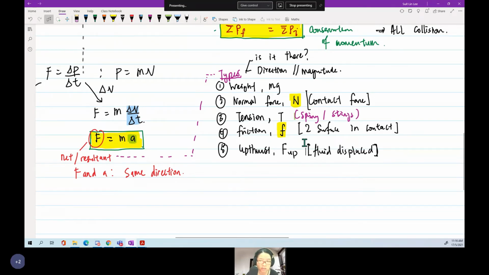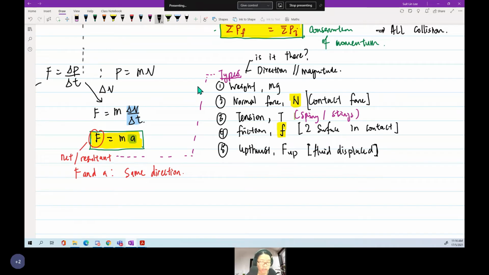Okay, and friction sometimes can be static friction, like a box on a rough inclined plane. It can be kinetic friction, like the box sliding down the inclined plane. Kinetic friction sometimes includes drag force. Read the question. Okay, so from here we can use F equals ma.